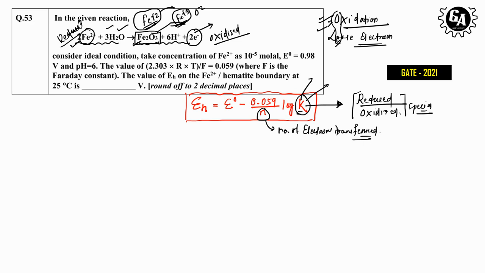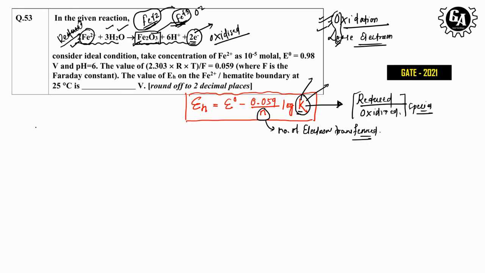Okay, it is getting reduced. So let us just solve these equations. This is 2 electrons, so n is equal to 2 in this case.